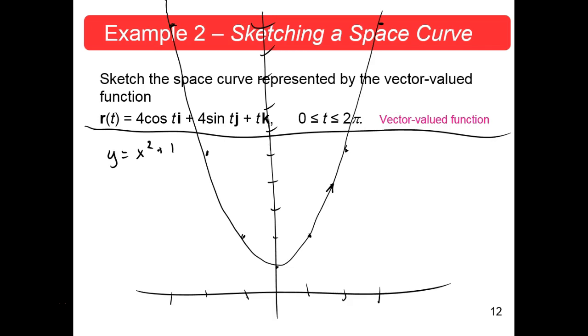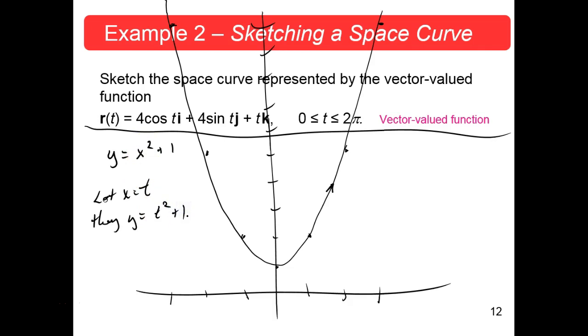That would be the x here, right? Let that be your t. And then the y is really simple. What is your y? X squared, which in this case is t squared plus 1.